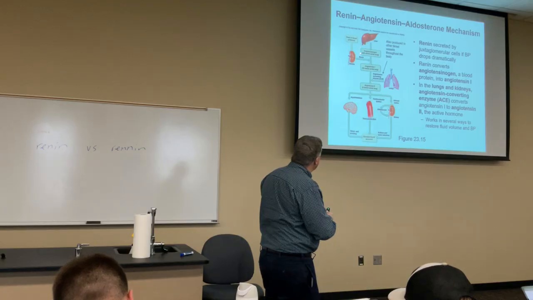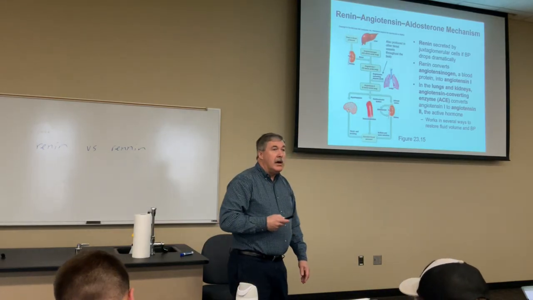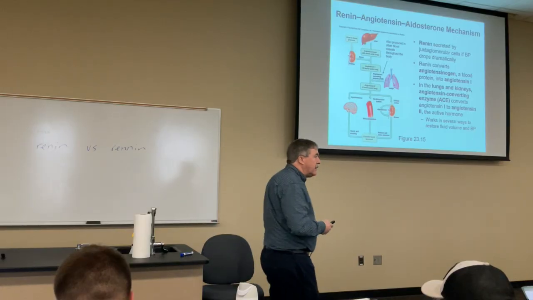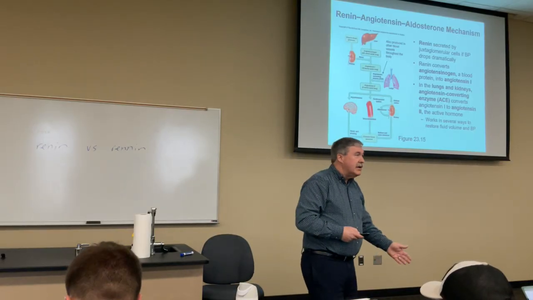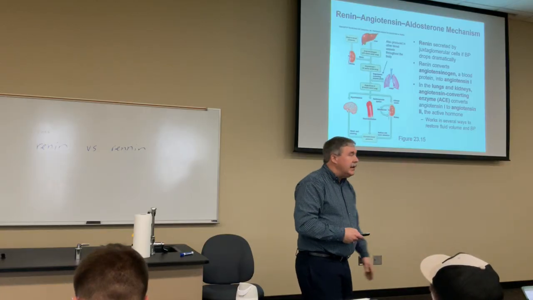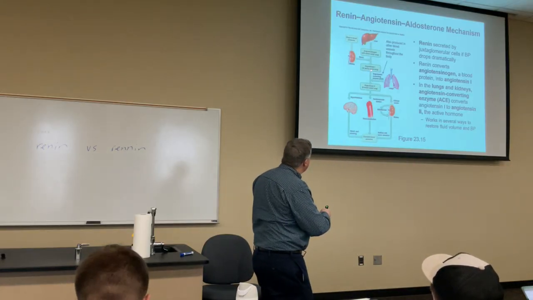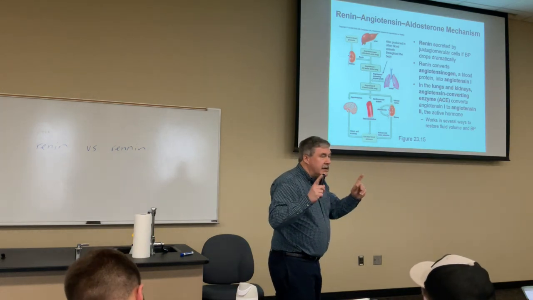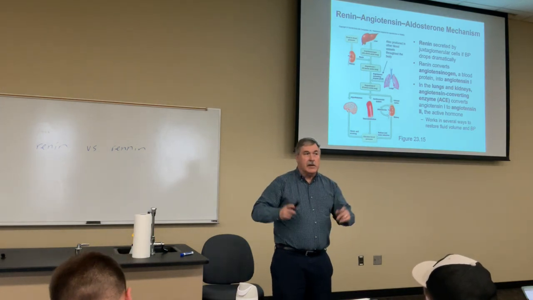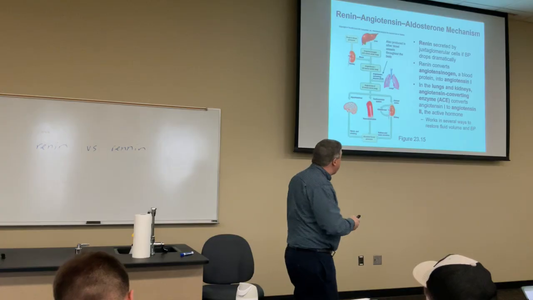Okay, so what renin does, renin breaks off a part of angiotensinogen. It cleaves angiotensinogen. To cleave is to cut, okay? So it cuts off a 10 amino acid sequence of angiotensinogen.